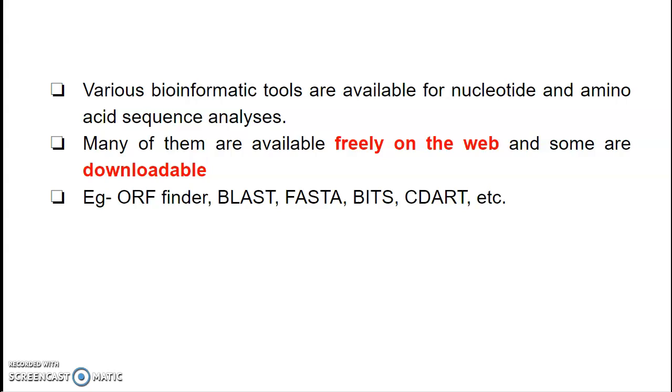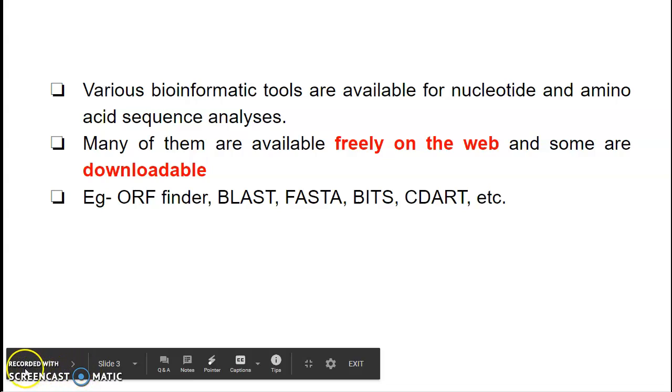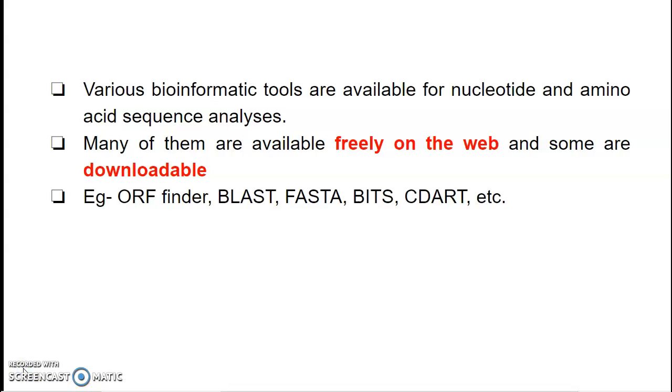There are various bioinformatic tools available for nucleotide and amino acid analysis. Many of them are freely available, some we can download. Examples are ORF Finder, BLAST, FASTA, BITS, CDAT, etc.